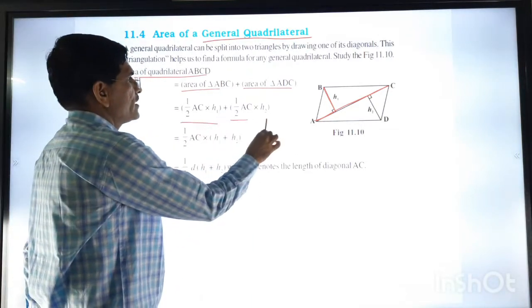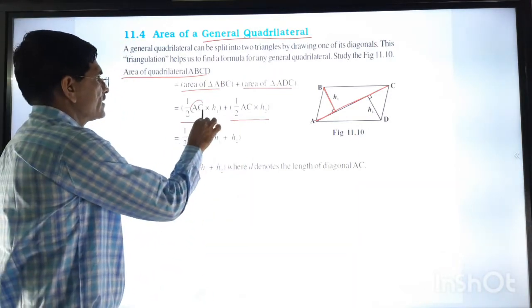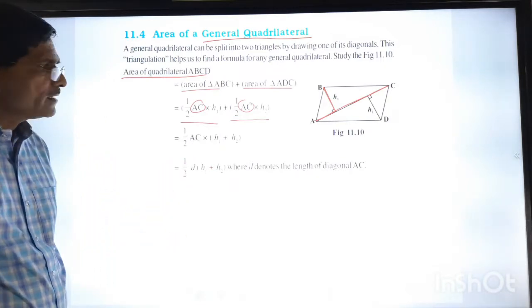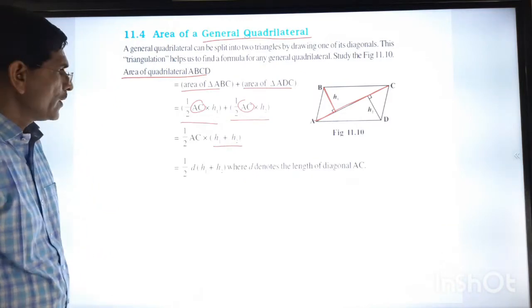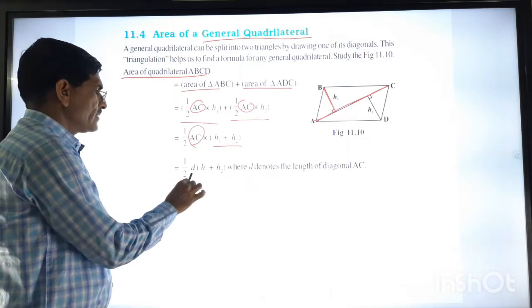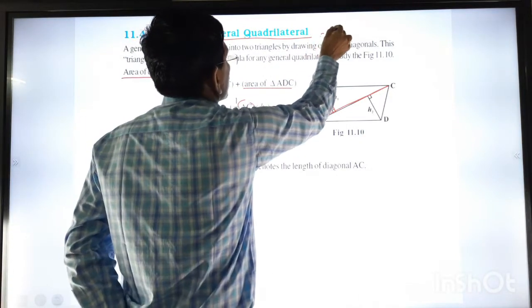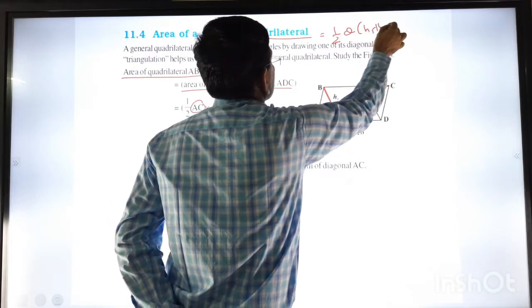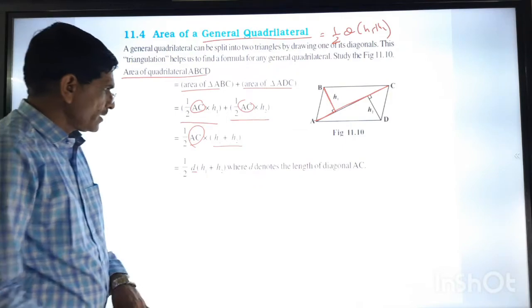Both have the same base, that is AC. So if you take half AC common outside, in bracket I write h1 plus h2. What is AC here? It is a diagonal. So the general formula for a quadrilateral is 1 by 2 d (h1 plus h2).